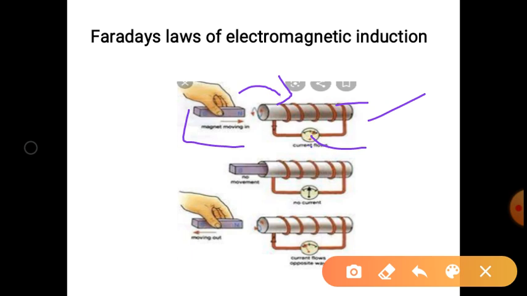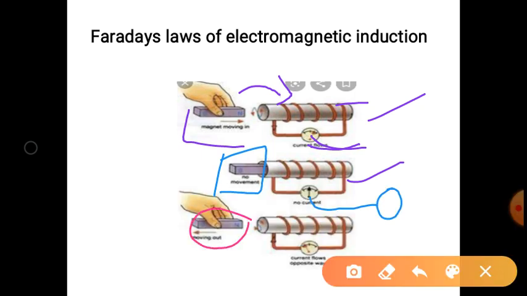So the pointer of that galvanometer is deflecting in one direction. In second diagram, you can see that there is no movement of that magnet. So the galvanometer pointer is reading 0 here. So in the next diagram, in third diagram, the magnet is taken away from the coil.